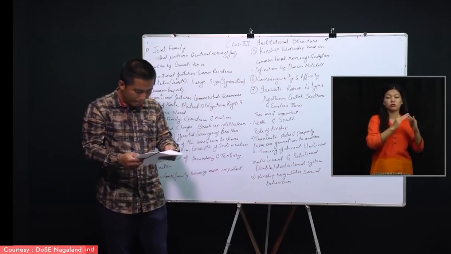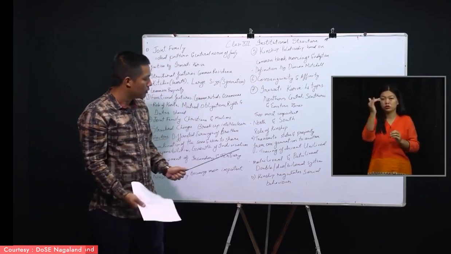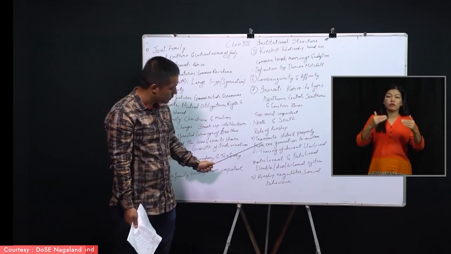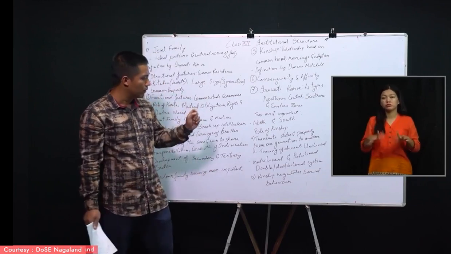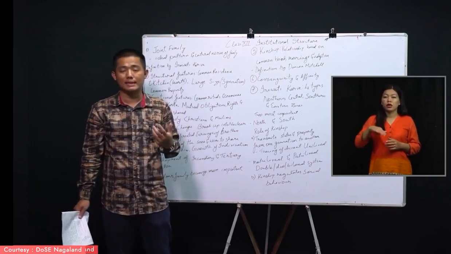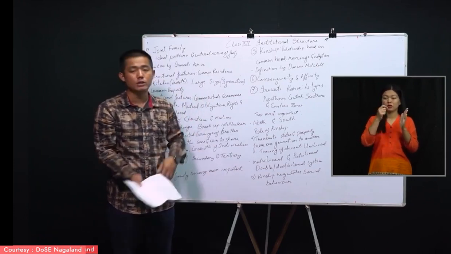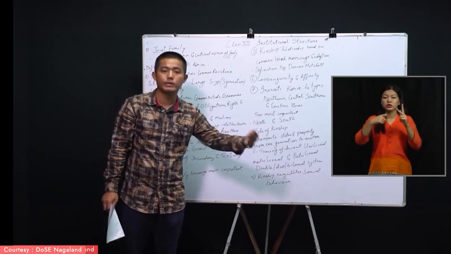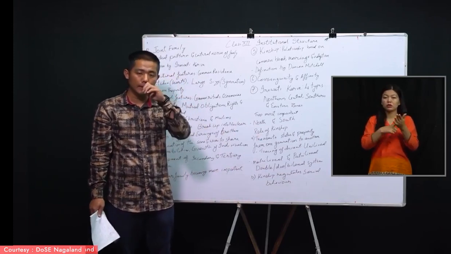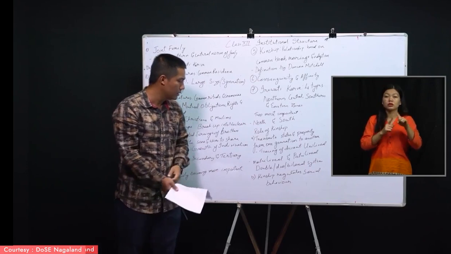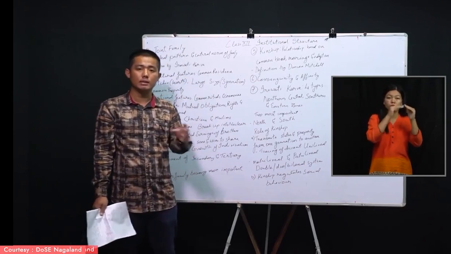Now, when we talk about the role of kinship, one of the basic roles is to transmit the status in the family, and also the transmission of property from one generation to another. And when we talk about this, there is a way of tracing their descent also.